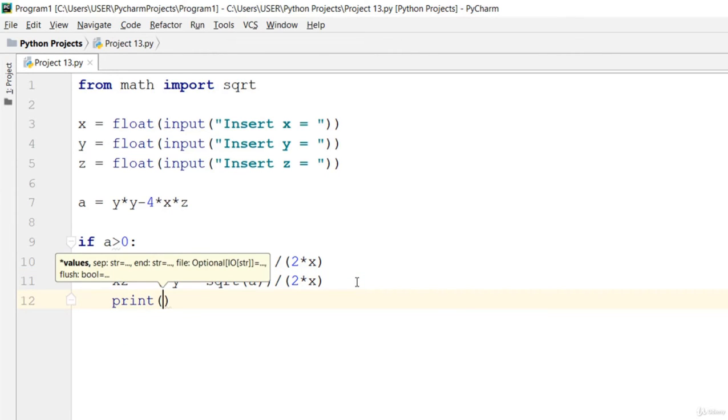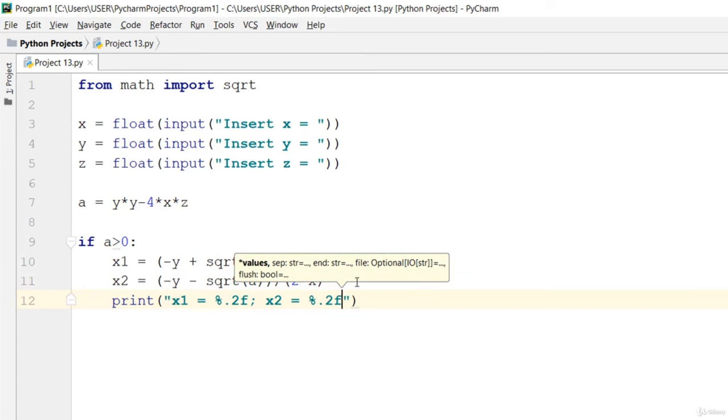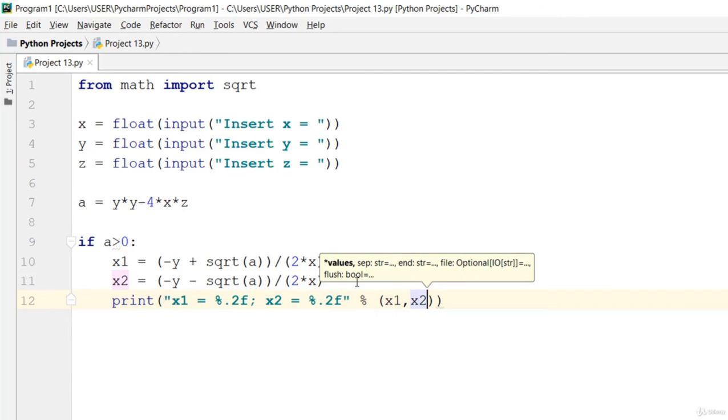So let's say the result is equal to x1 is equal to percentage 0.2f, that's going to be to two decimal places, for a semicolon, and x2 is equal to percentage 0.2f, and then let's go ahead and divide with the modulus, and then let the modulus be equal to x1, x2.